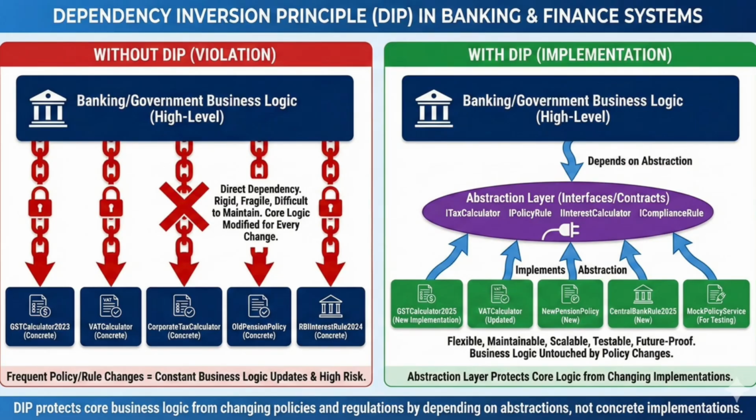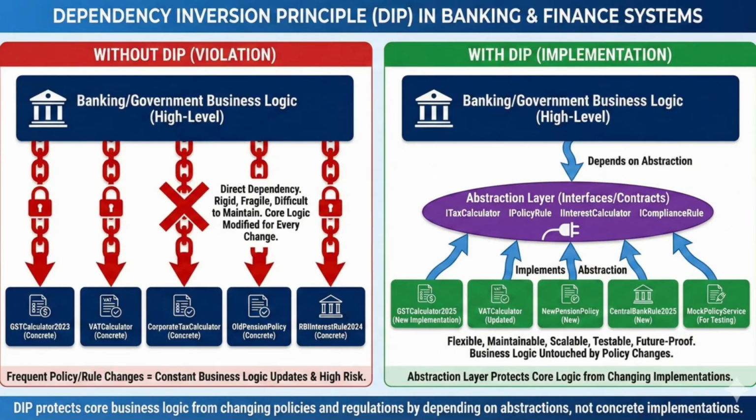In simple terms, your core banking or government application logic should not directly depend on a particular tax calculation class, interest formula, or policy engine. Instead, it should depend on an abstraction, such as an interface or abstract class, that represents the behavior, not the implementation.